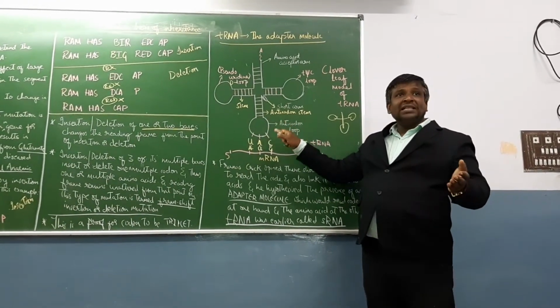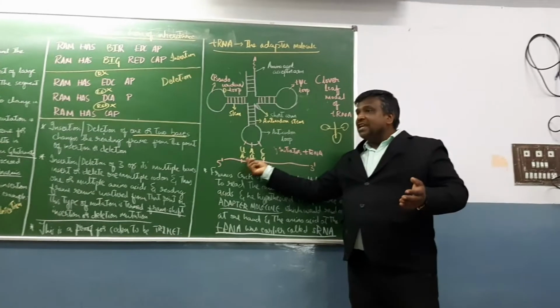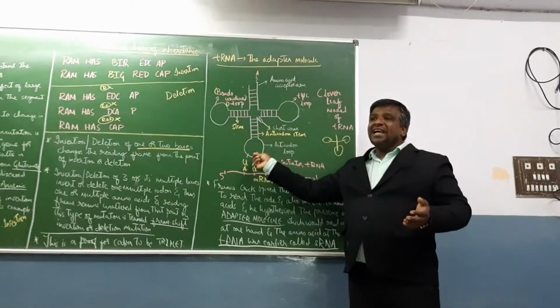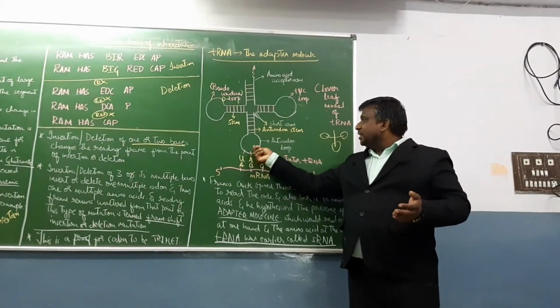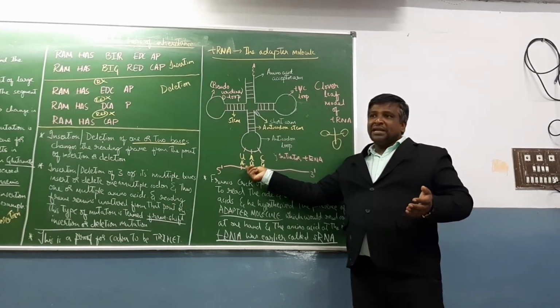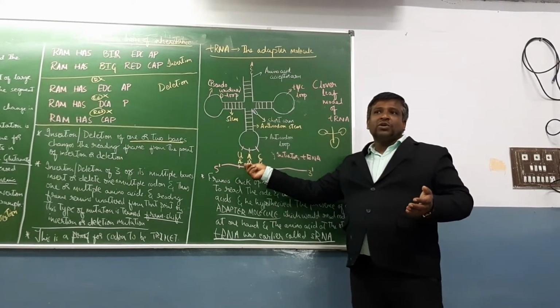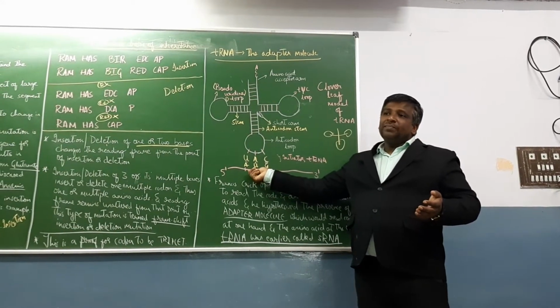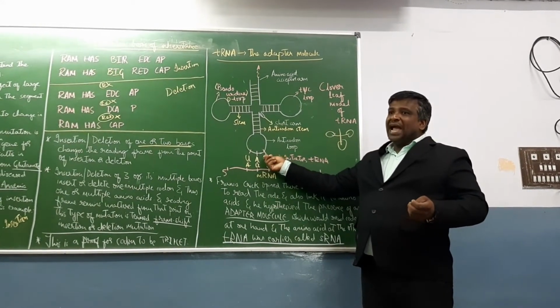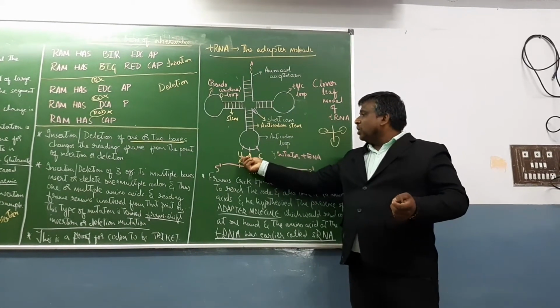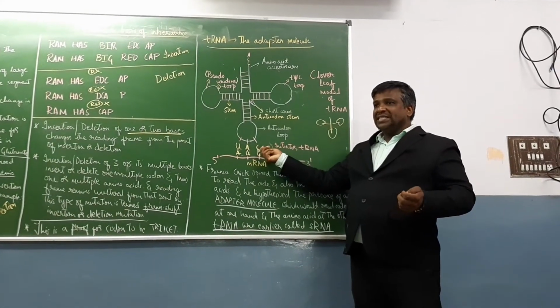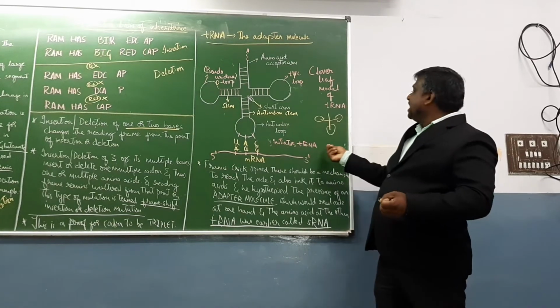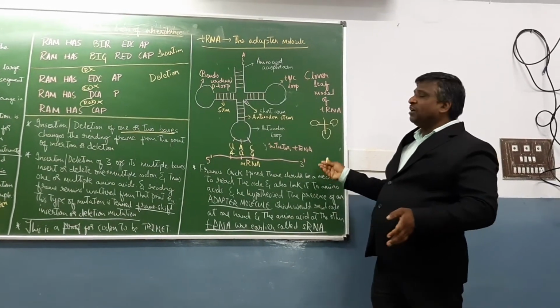Why do we call it anticodon? It is exactly complementary to the codon. See, the tRNA is going to pair with the mRNA. Since they have a complementary code to mRNA, we call it the anticodon loop. See, what is the complement of AUG? UAC. So tRNAs for different codons are there. You have to remember.